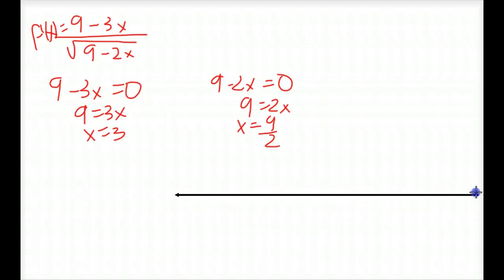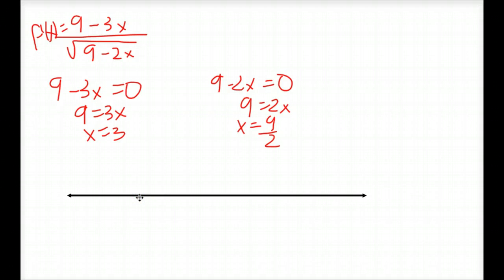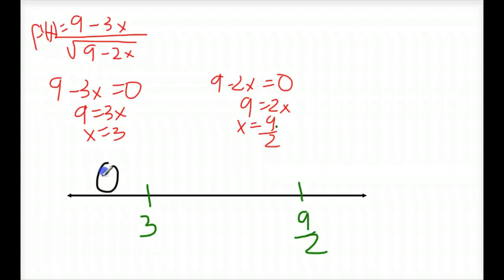And I have two critical points. The smaller one is my 3, and the bigger one is my 9 over 2. So let's test some easy test points. Let's test 0. Let's also test a 4 and 5.